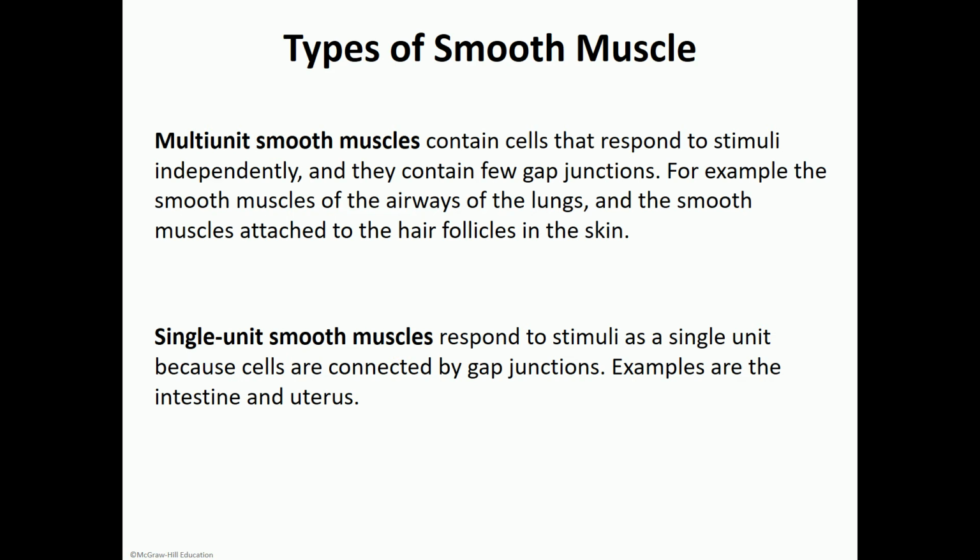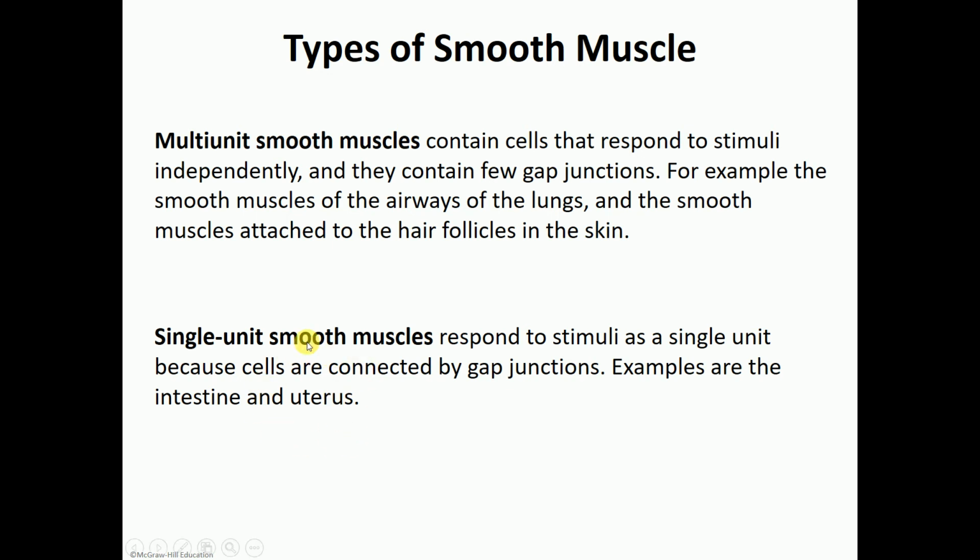They are connected by these gap junctions. And you'll find them in areas where you need these muscles to contract all together. For example, in the intestine, all of these cells have to communicate together in order to pass the bolus of food through the esophagus or the chyme in the intestine.